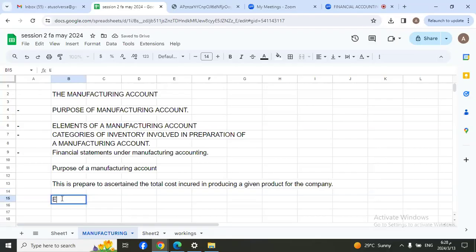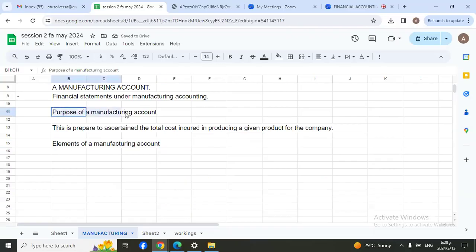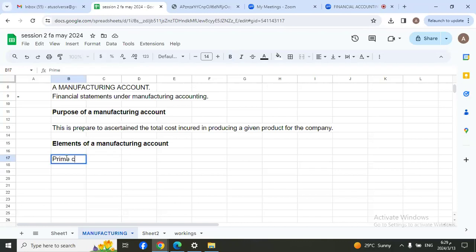We are going to look at the elements of a manufacturing account. One of the elements is prime cost.